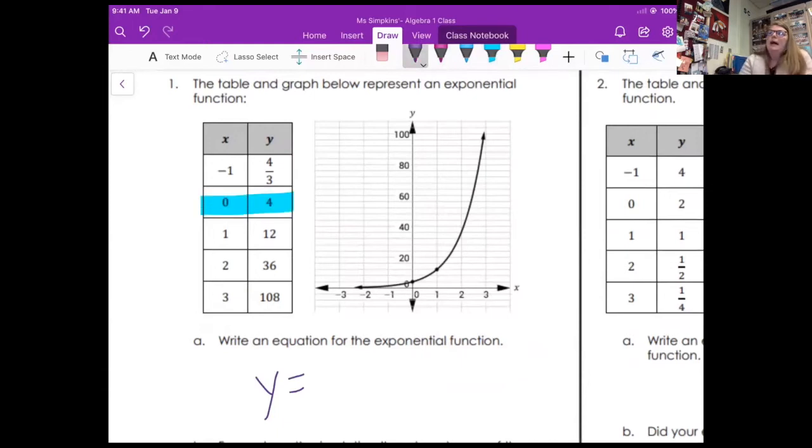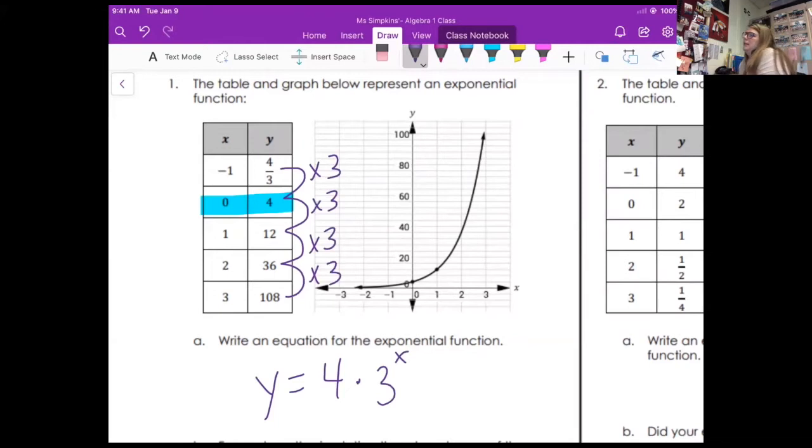So what number is that happening at? Timesing by 3 every time. So that would be times 3 to the X power. 4 times 3 to the X power.